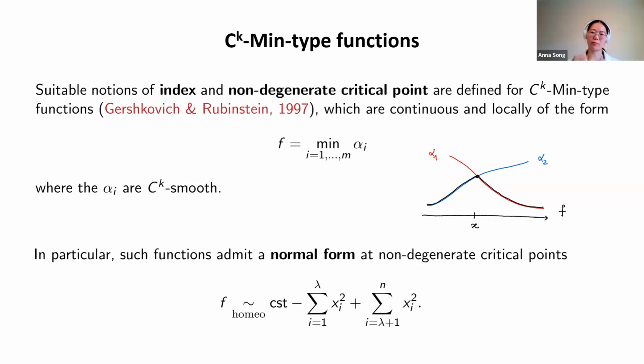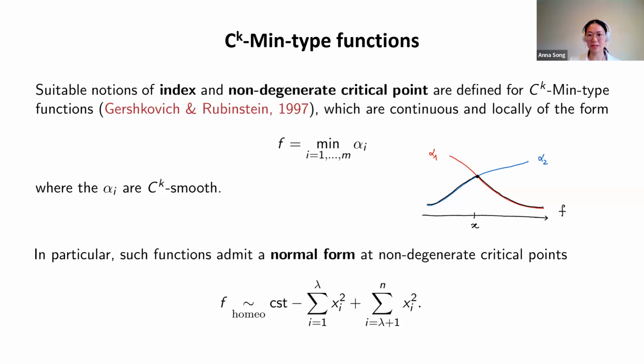So typically the kind of profile you have is that you are mostly smooth, but you have a peak at points where you are not smooth. Such functions actually have a good notion of non-degenerate critical points, and they do admit a normal form, but here up to homeomorphic transformation of the domain.